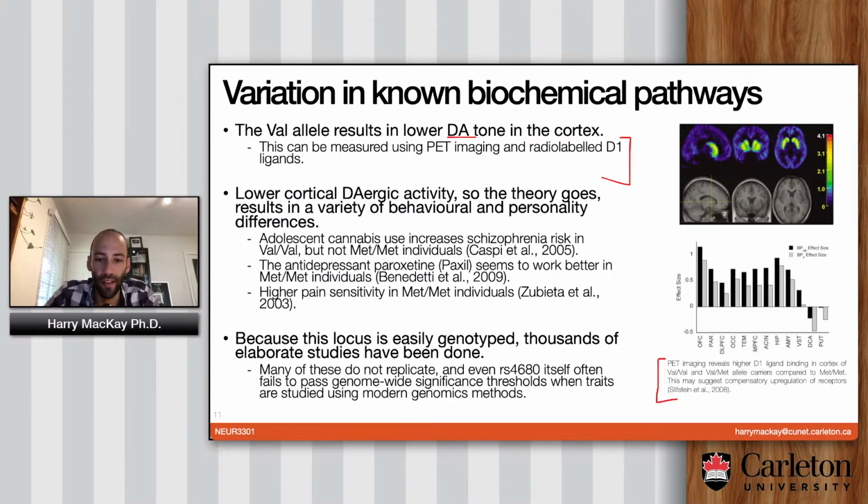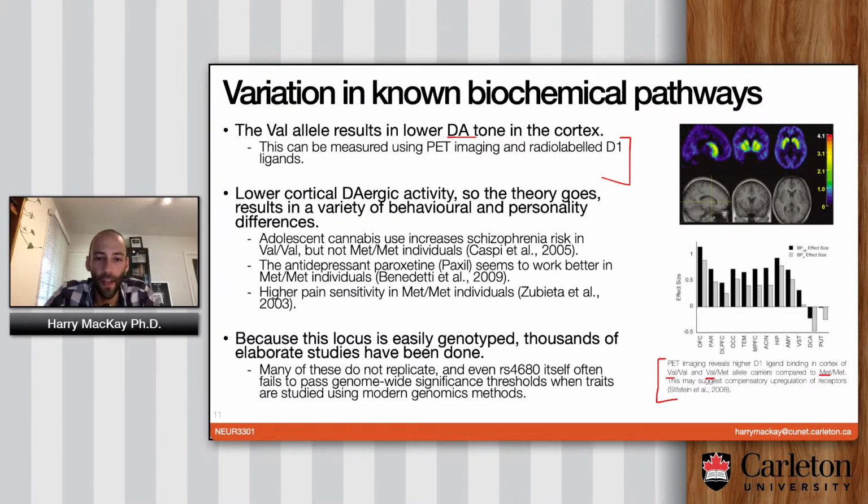So you see higher levels of D1 binding in Val-Val and Val-Met people than Met-Met people. There might be upregulation of the receptors to compensate for less natural dopamine around, or it could be that there's just less dopamine for this ligand to compete with. In either case, the presence or absence of this warrior Val allele determines the amount of dopamine that's available for your prefrontal cortex.